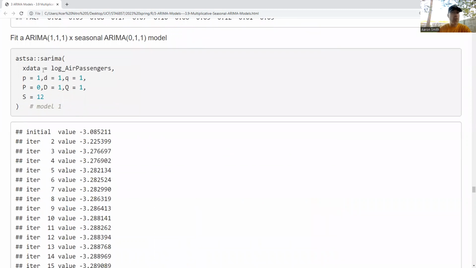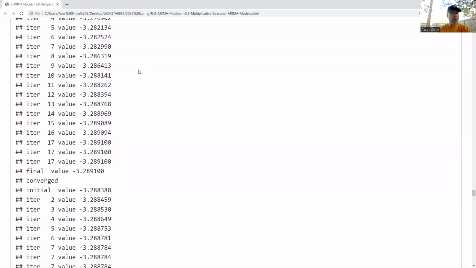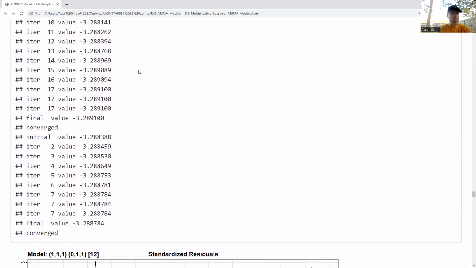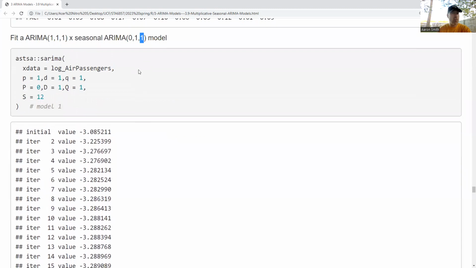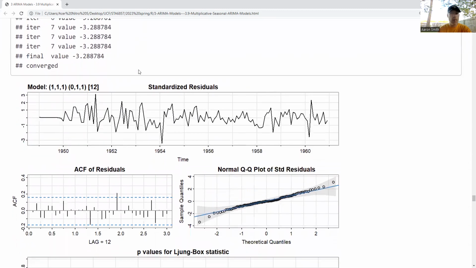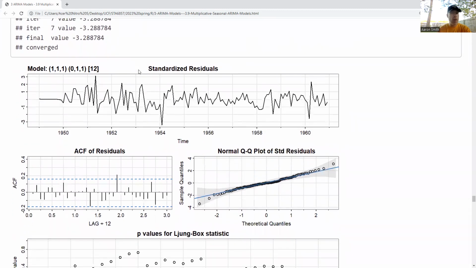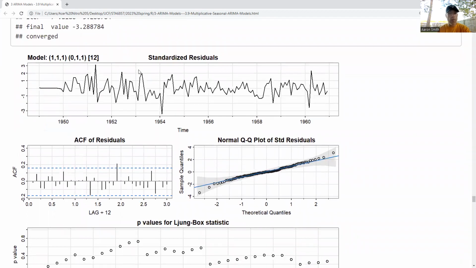All right, so the authors chose autoregressive 1, moving average 1, and then moving average 1 on the seasonal aspect, and we fit it. And we can see the ACF of our residuals and whatnot.